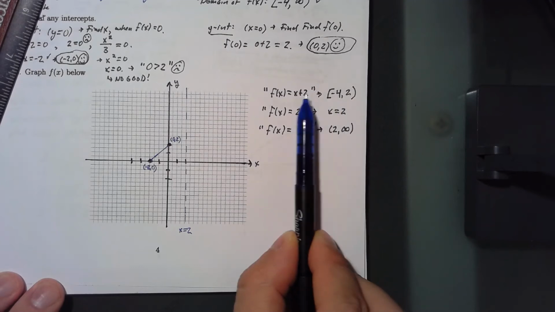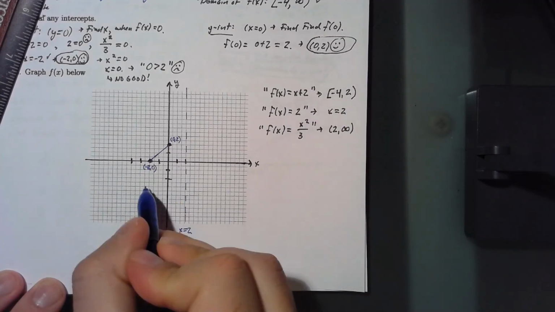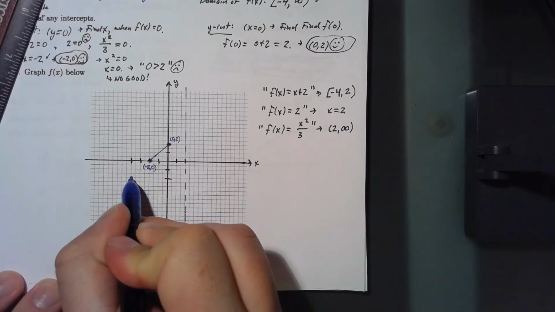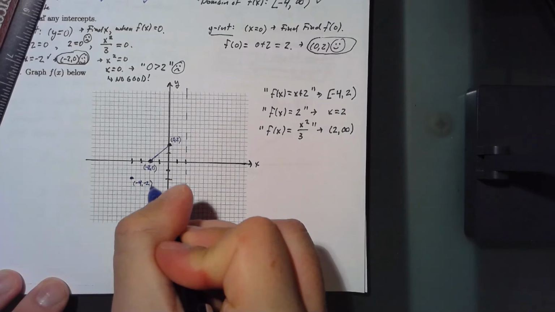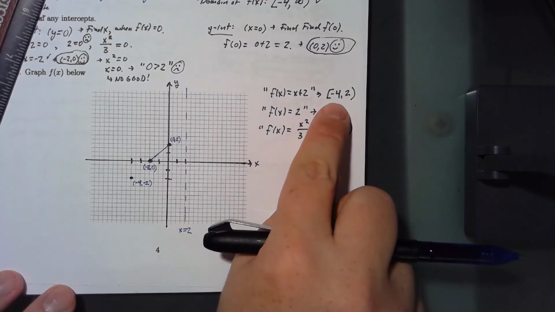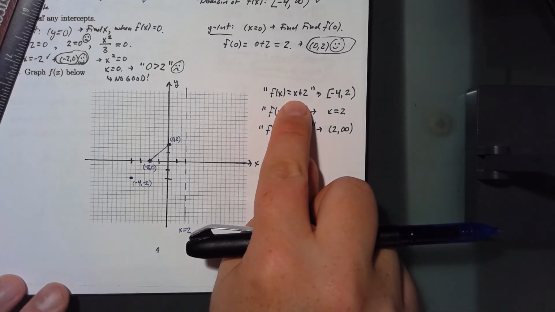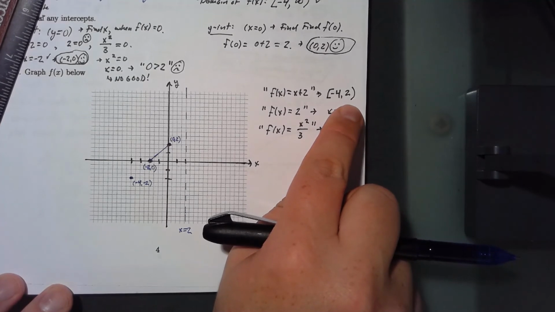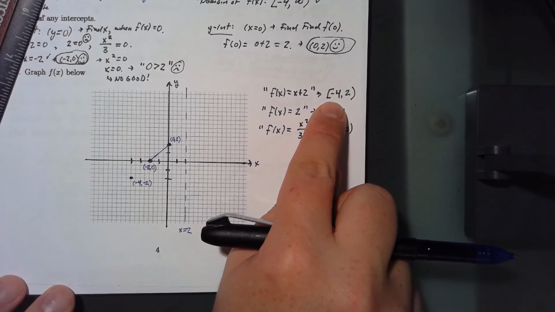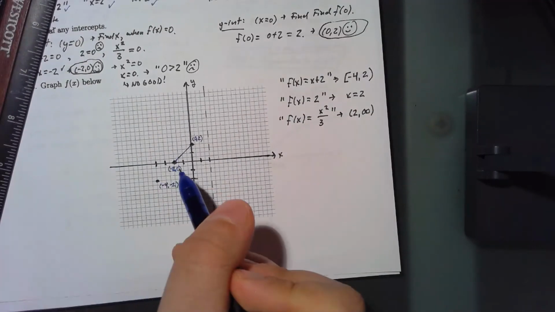When I plug -4 in here, I get -4 plus 2, which is -2. So that point is on this line. I'm going to include it to make my graph a little easier to make. That's the point -4, -2, and I got that by plugging -4 into f of x equals x plus 2. Because it goes from -4 to 2, at -4, y is -2. That's that point. So this is just a continuation of the line.